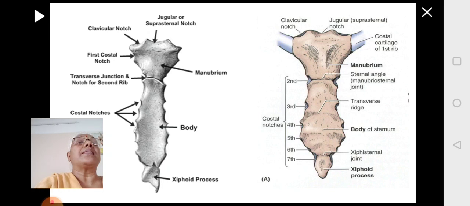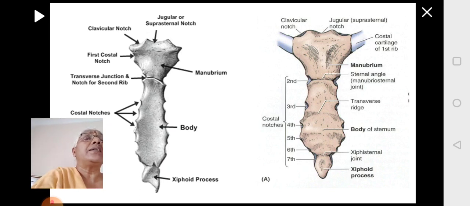Below that there is a third notch where the third rib will attach. Then the fourth, fifth, sixth and seventh notches are for the respective ribs. The ribs will fit into the notches on the lateral side of the sternum.